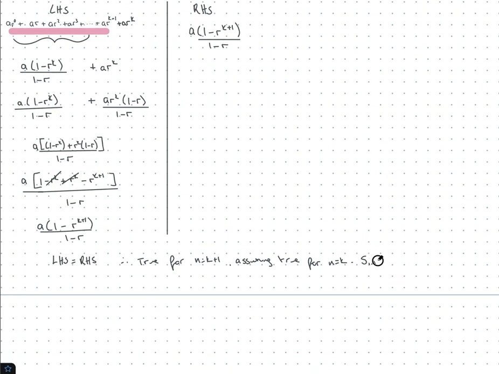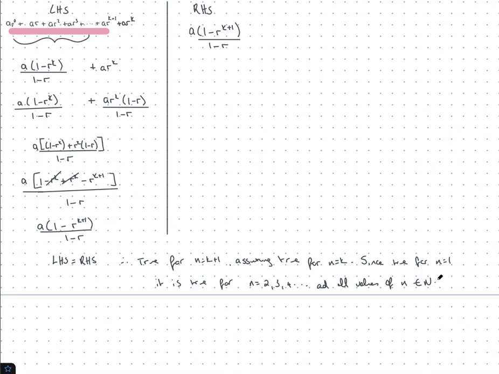Since true for n is equal to 1, it is true for n is equal to 2, 3, 4, and so on, and all values of n that are natural numbers from what we've proven.